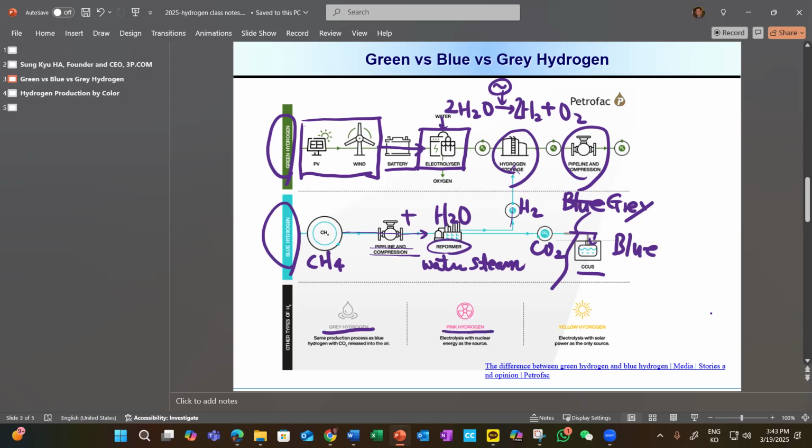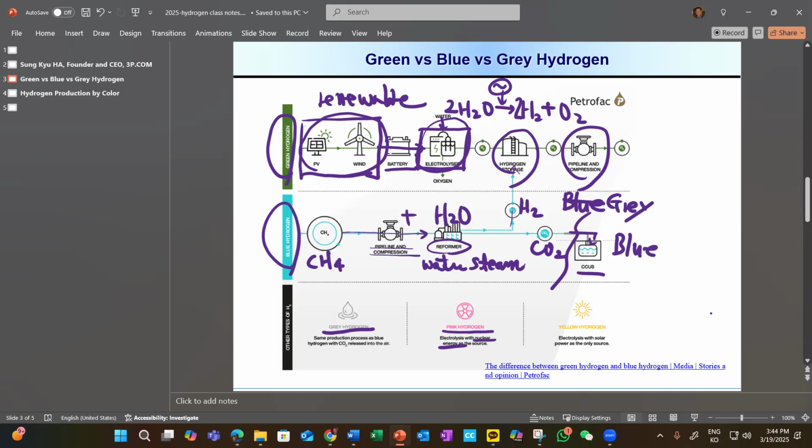Pink, the electrolysis. This is an electrolysis. Now the energy source is not renewable. Rather than renewable, we use nuclear power, nuclear energy. Then it is called the pink hydrogen.